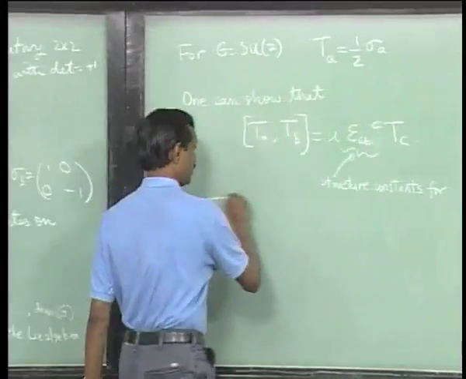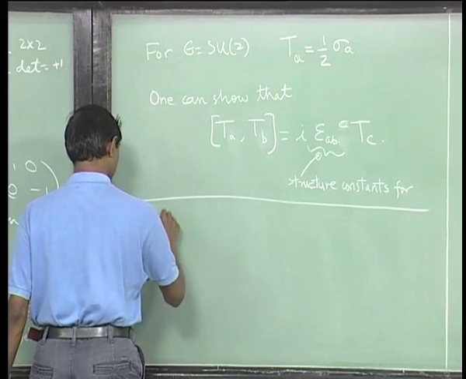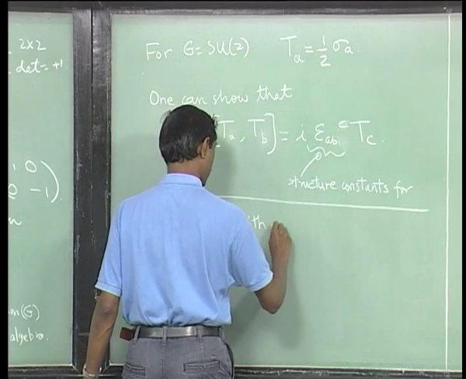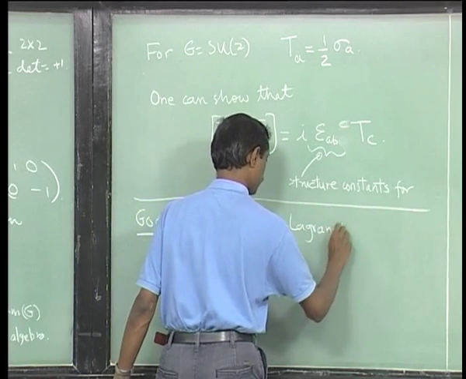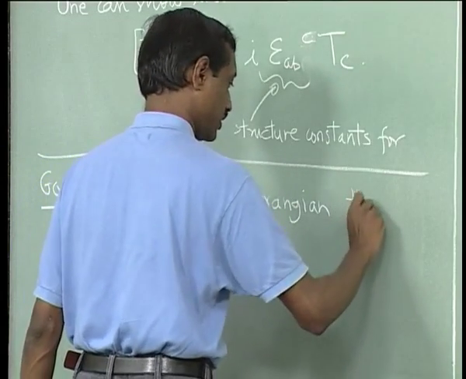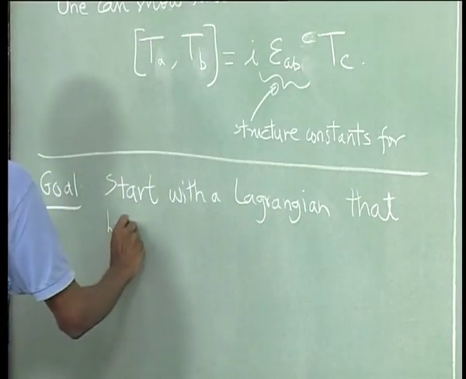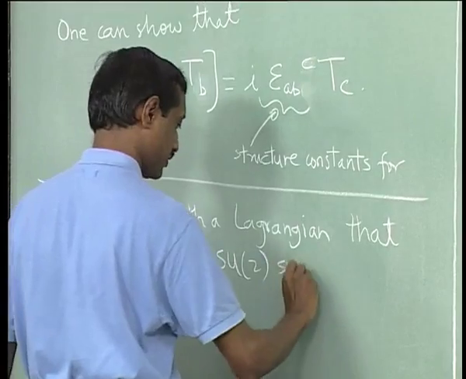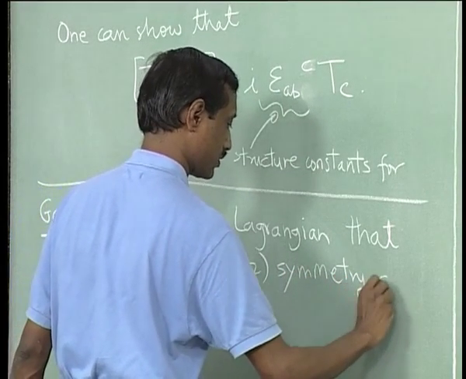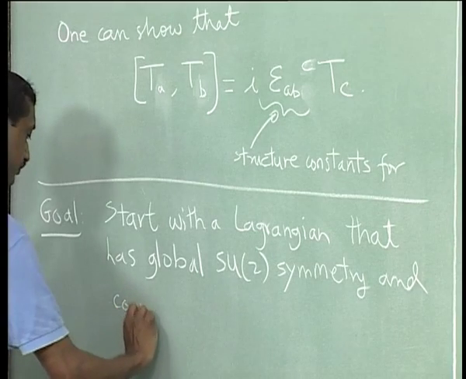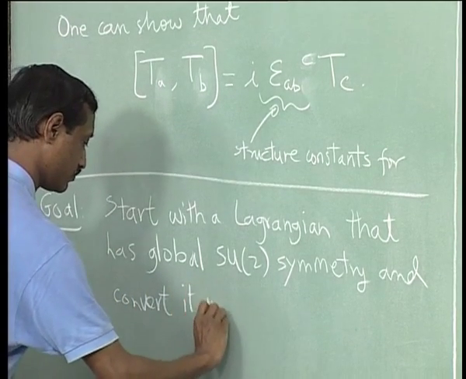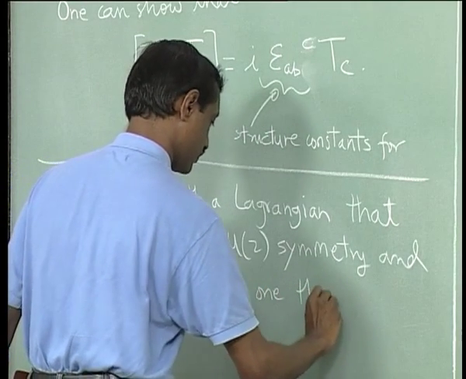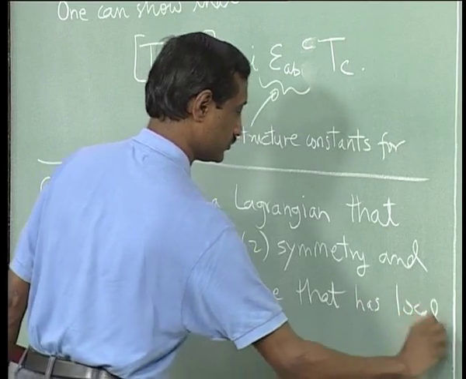So the goal is to start with a Lagrangian that has global SU(2) symmetry and convert it into one that has local gauge symmetry.